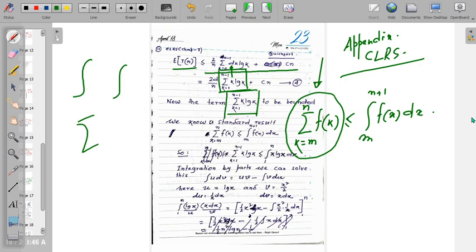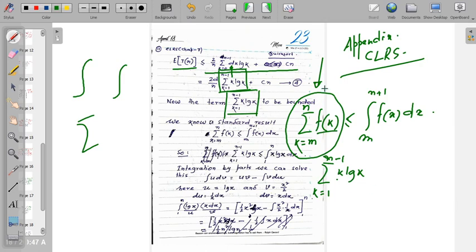Now we have got this, and in our example we have the summation k equals 1 to n minus 1 of k log k. So this k log k is our fk.